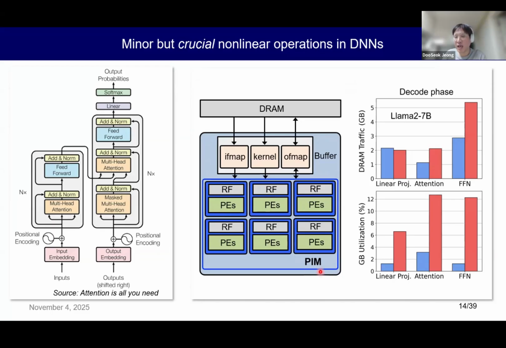So what if this PIM is only doing matrix multiplication or something like that? What would happen? You do the operation, you send all the data to DRAM, and you need some other device that does the nonlinear operation. You have to bring the data back from DRAM, then put the data back into PIM, and do the same operation.